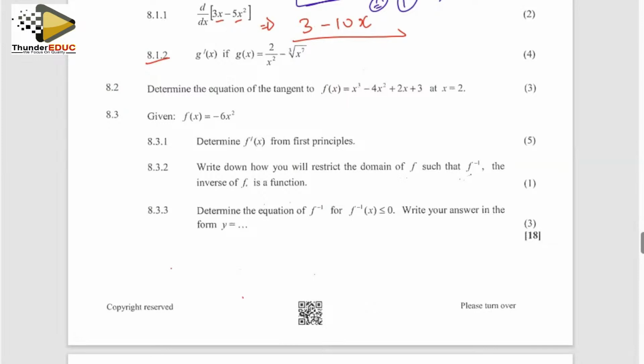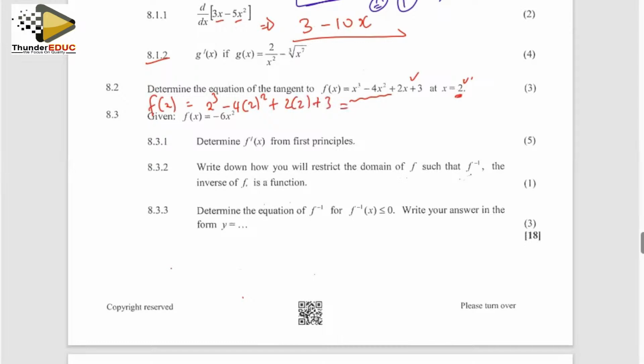8.2, determine the equation of the tangent at this point. So we have a cubic function. Now they want us to get the equation of the tangent. So one thing that we need to know is what is the y value at this point 2? So let me start by finding that. What is f of 2? So that's going to be 2 cubed minus 4 into 2 squared plus 2 times 2 plus 3.